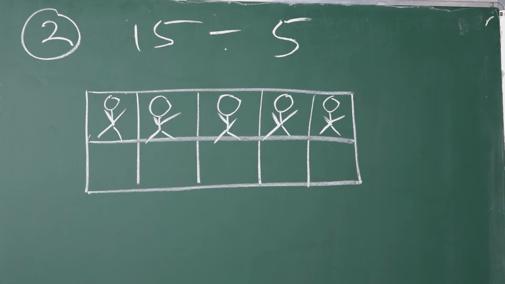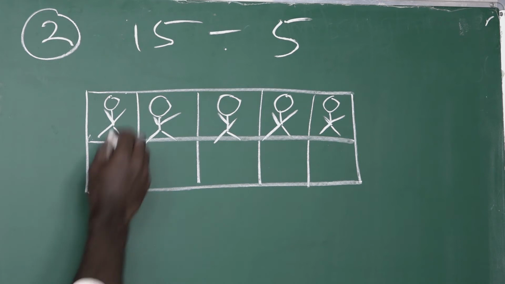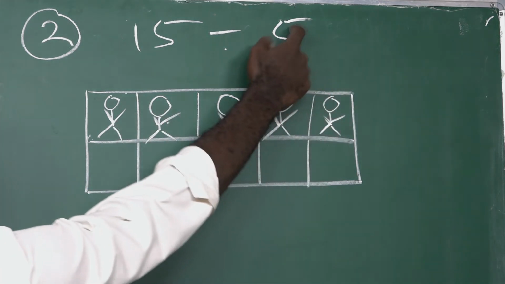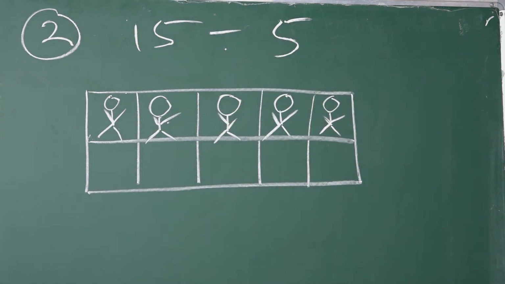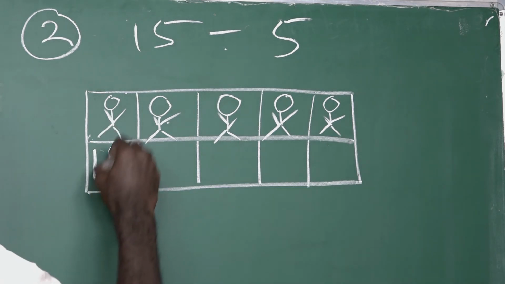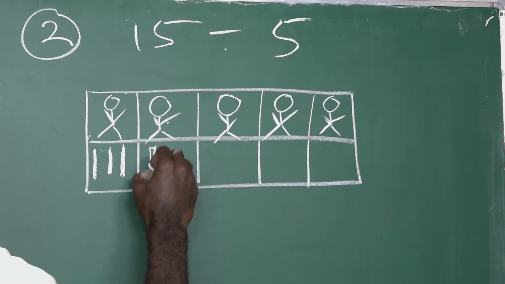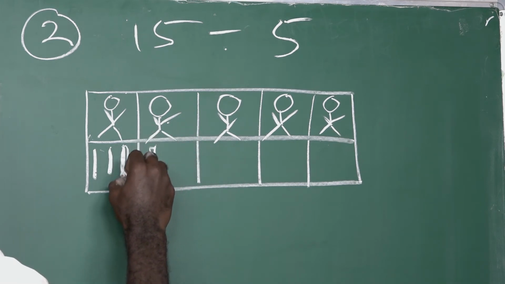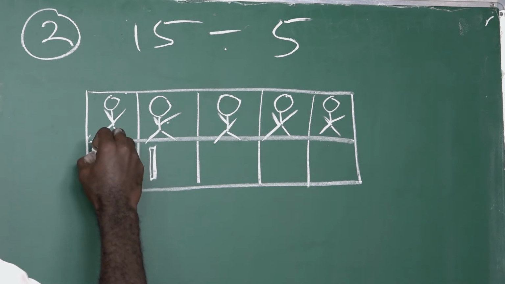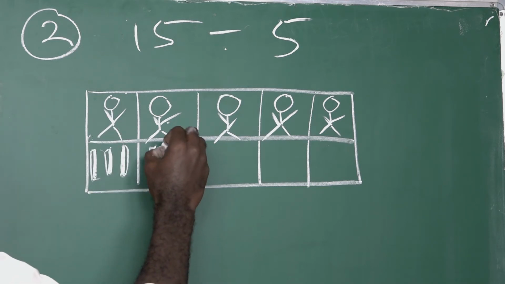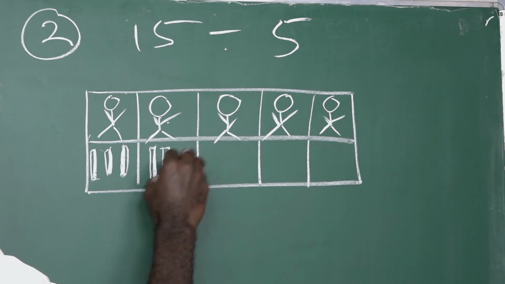So we'll do it by 5, and let's see. 1, 2, 3, 4, 5, representing these 5. So let's begin. 1, 2, 3. Assuming this is our chalk now. Again, you have 1, 2, 3.